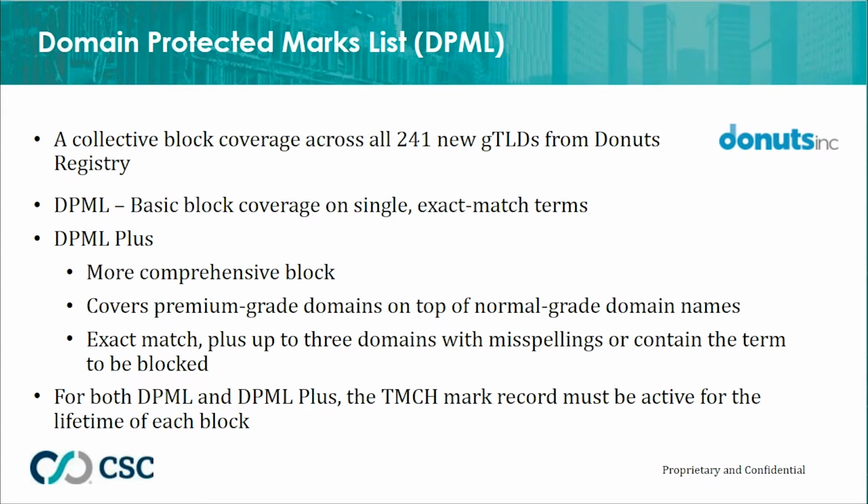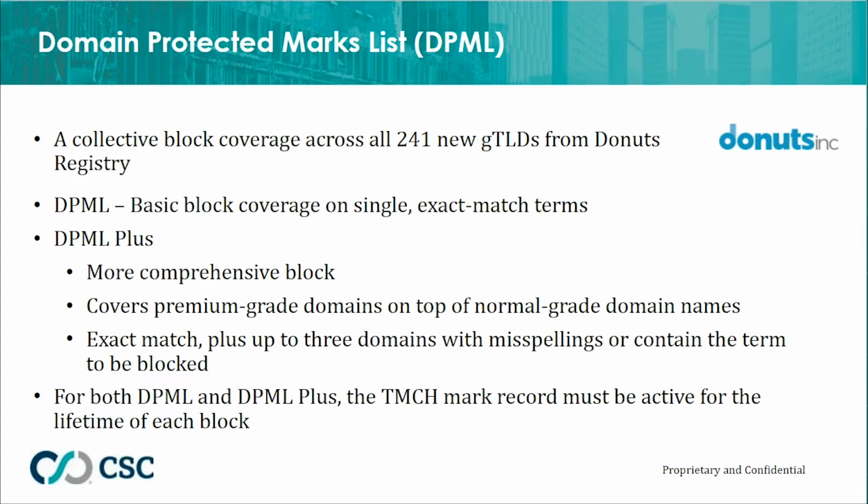So we talked a little bit about how blocks fit into your overall defensive domain name strategy. And as you consider the different blocks and their coverage, you can continue to think about how many extensions they cover, and what the cost-risk benefit is of getting a block. Donuts definitely provides quite broad coverage across a large list of extensions.